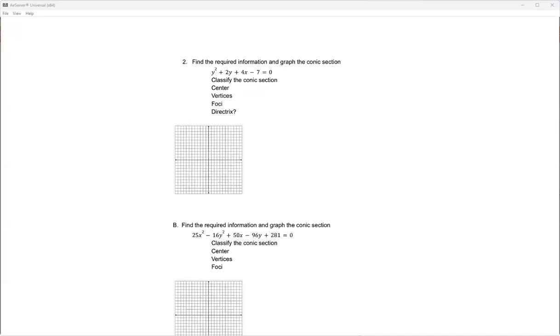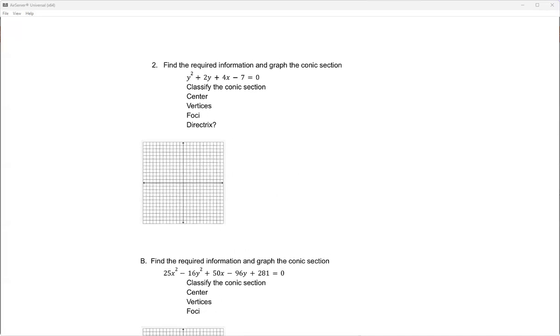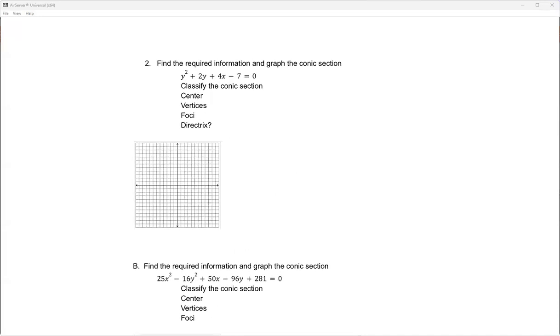Number 2 is classify the conic. Right away, you should know that it's a parabola because only one of the variables is squared. So let's complete this. y squared plus 2y is equal to negative 4x plus 7.